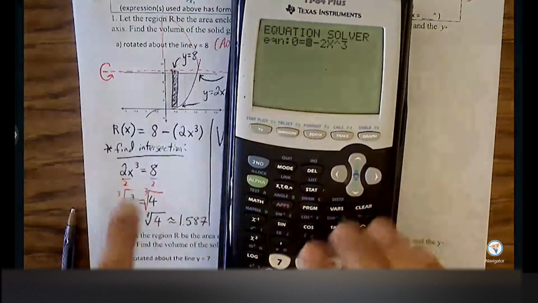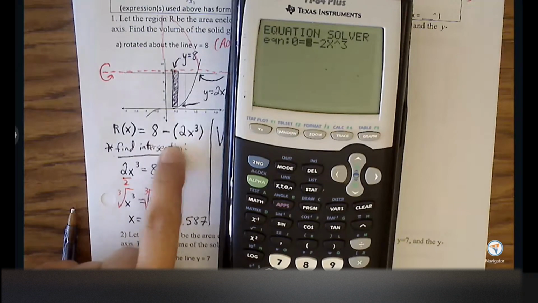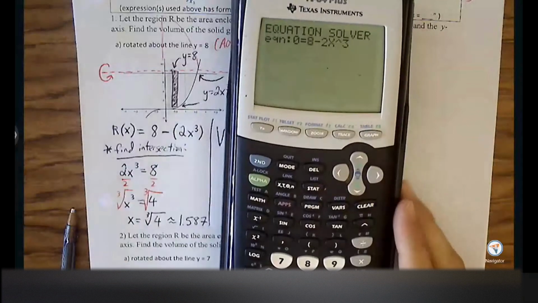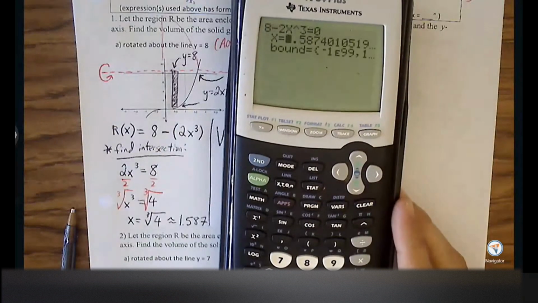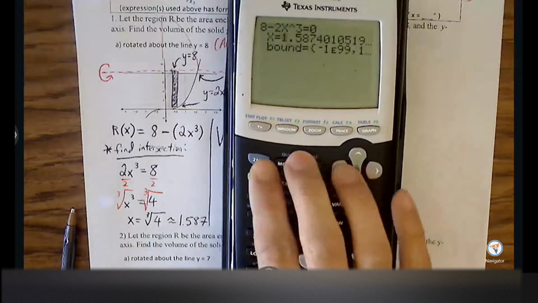And you can type in an equation set equal to 0 and then look for the intersection. So if you do 8 minus 2x cubed, then it's going to find that intersection for you, 1.587. So math, hit the up arrow button, it'll take you to the very bottom of the list. I mean, you can scroll all the way down, but if you hit the up arrow, it will go to the bottom. So that's another option.